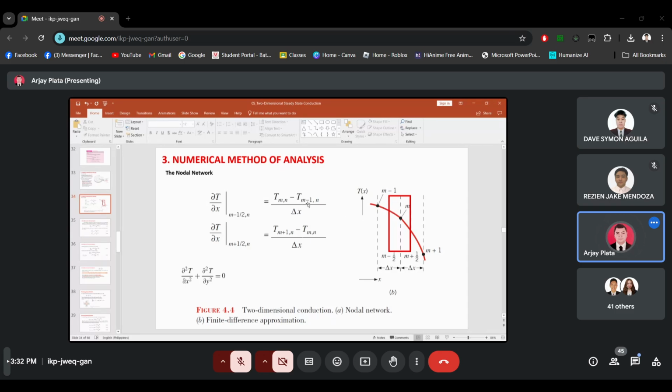So that's our delta T here. While the delta T at m plus 1 over 2, n is Tm plus 1n minus Tmn over delta x. Please remember this equation.